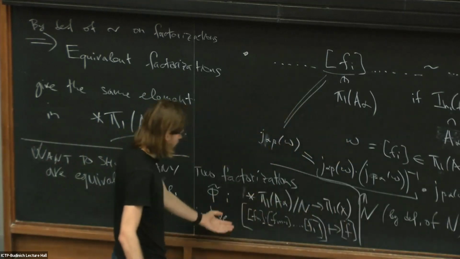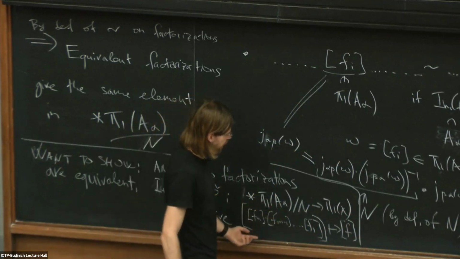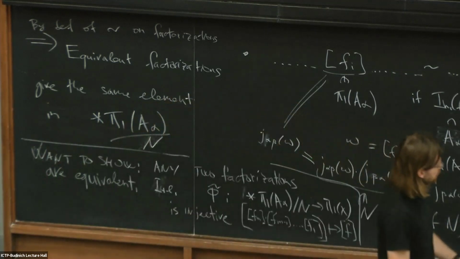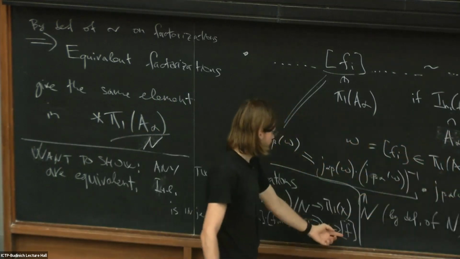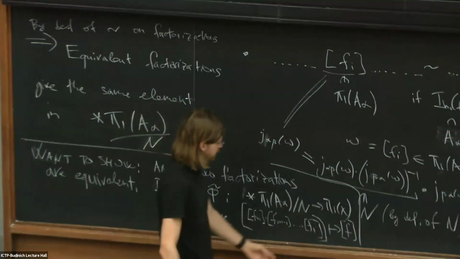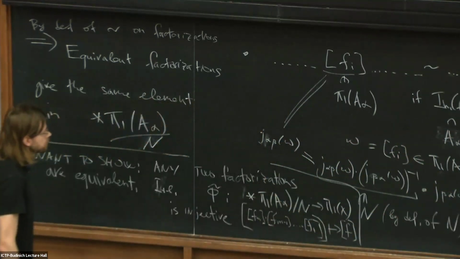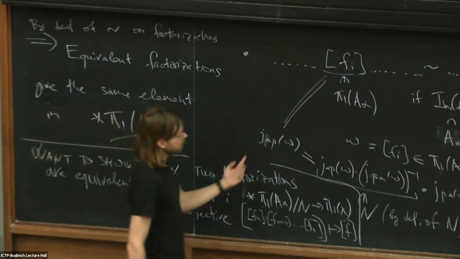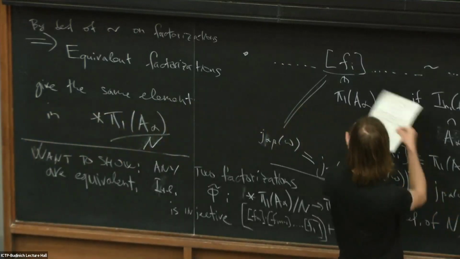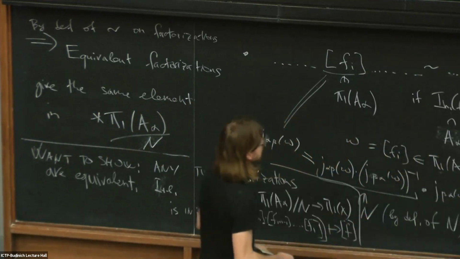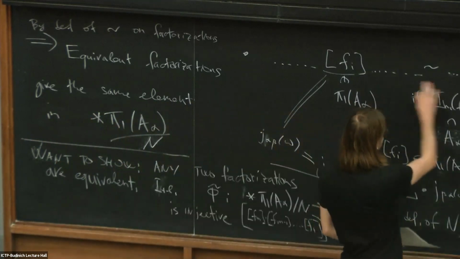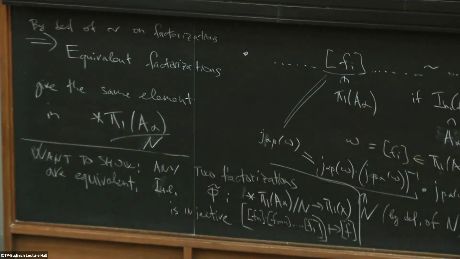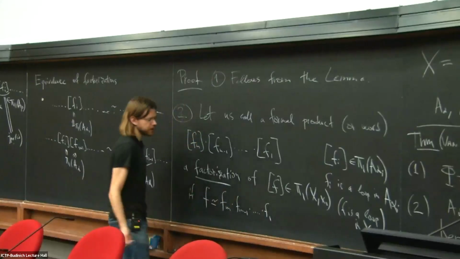So it is obvious that this map is well defined because the equivalent factorizations definitely give you the same element in pi1. Under all these changes, the composition of the corresponding path is the same path. All these relations which we have here preserve composition itself, right?